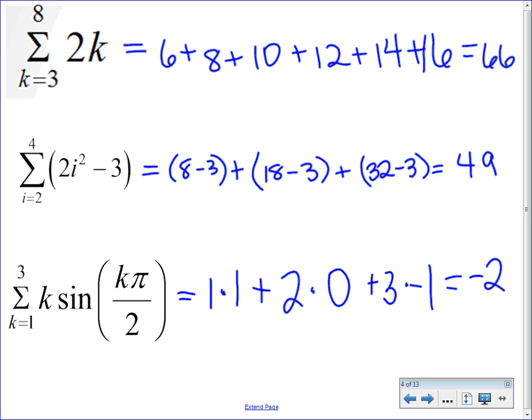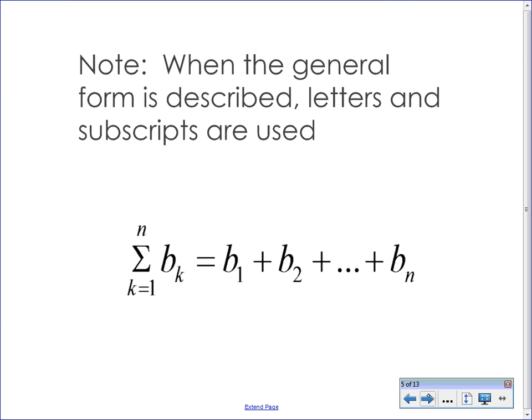Okay. Now, notation-wise, when we talk about the general form, if this is your sum, b sub k is the sequence that you're adding, and so our terms are b sub 1, that means I'm plugging 1 in, b sub 2, that means I'm plugging 2 in.